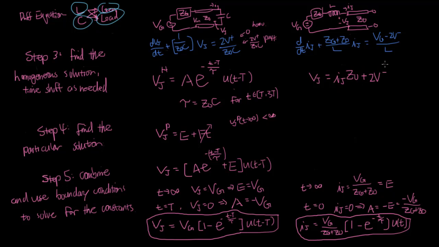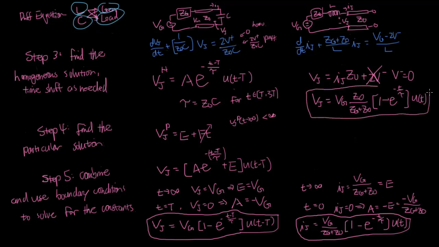Now at t equals 0, there's no reflected wave yet, and so we can assume that V minus is equal to 0. So if what you wanted was the voltage instead of the current, going in for that initial time period, you just multiply the result by Z0. In this case, the voltage at the junction is going to be equal to Vg Z0 over Zg plus Z0, times 1 minus e to the minus t over tau, u of t. So now we also have the voltage.